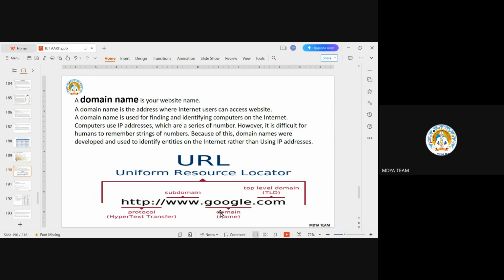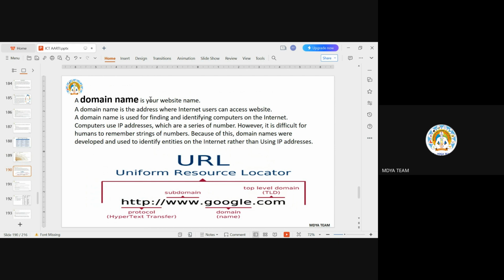Okay, and www is the subdomain, and http, as we discussed in yesterday's class, is the hypertext transfer protocol used in this web address. The whole address is called the URL, uniform resource locator. Whichever address you type, the search engine will locate that address on the World Wide Web.